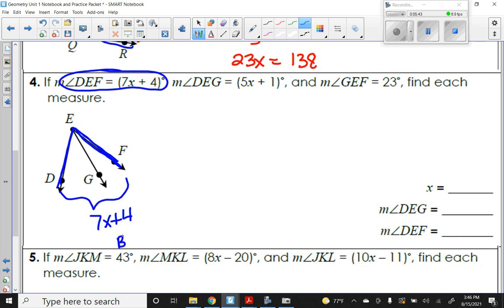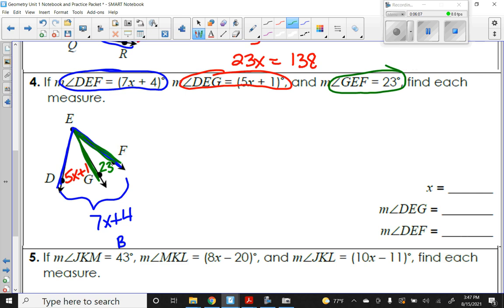I'll put a B out here. DEG is 5x plus 1. That is this little. And then GEF is this little one right here. I'll put a 23 in there.